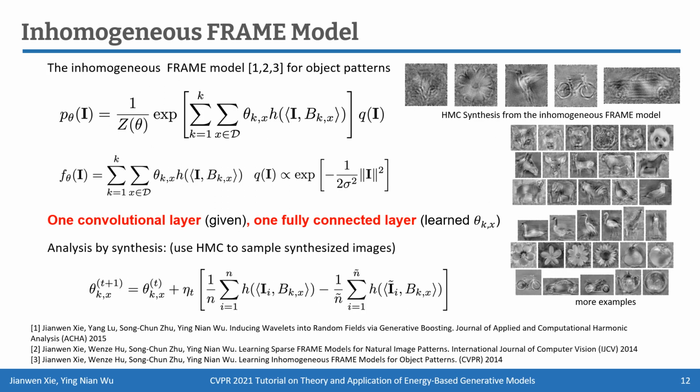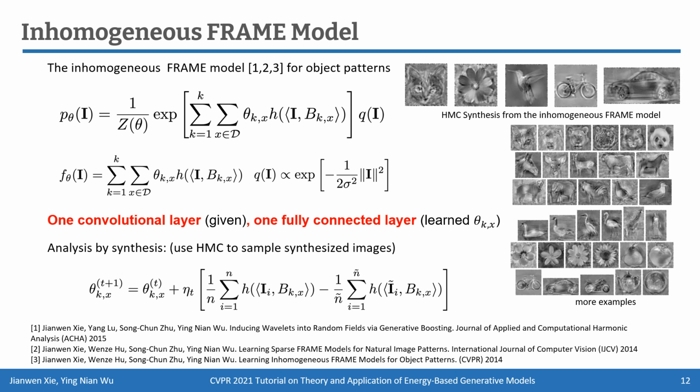Since the original FRAME model for texture is homogeneous, it cannot be used for object patterns. The inhomogeneous FRAME model is a non-stationary Markov random field model that reproduces the observed statistics of Gabor filter responses at all the different locations, scales, and orientations. It used HMC for sampling.